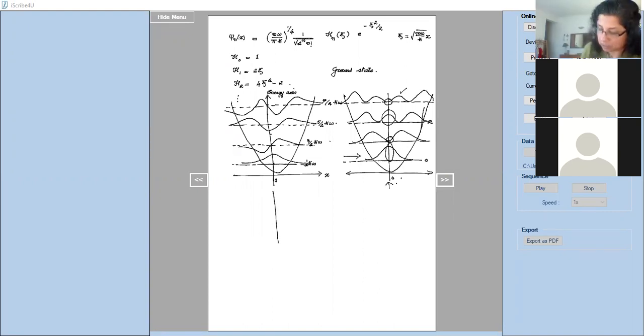Let me draw how the probability distribution would look for very high n. It will of course be very symmetric.